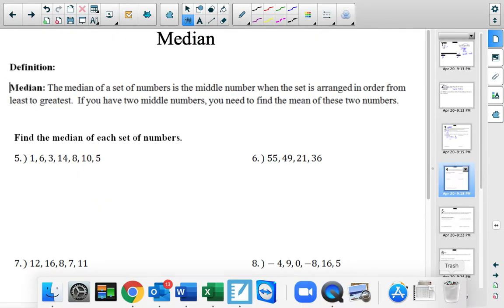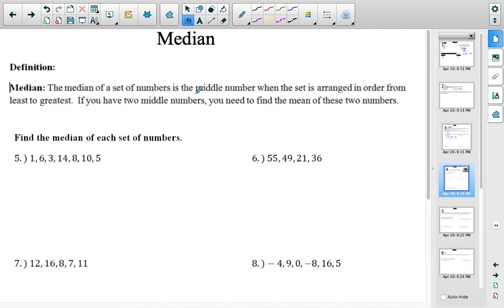Let's move over to median. Median, the key here, again, hit pause if you want to write down the definition, is the middle. So now we need to order things from least to greatest. So looking at the first one, our first key is to order them. 1, 3, 5.